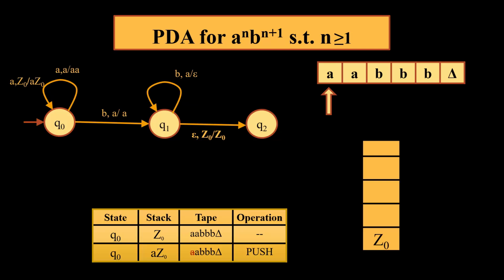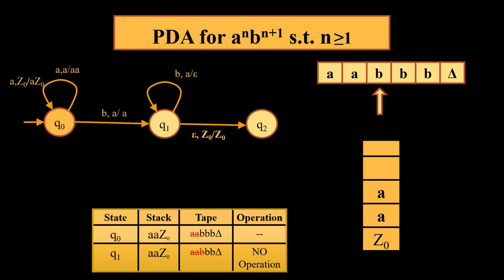We come across the first a, we read it, we push the first a on the stack, we move to the next a, we read it, we push it onto the stack. Now on the stack we have 2 a, and the element which we come across is b. Corresponding to the first b, no operation needs to be performed, only a read operation, no push, no pop.